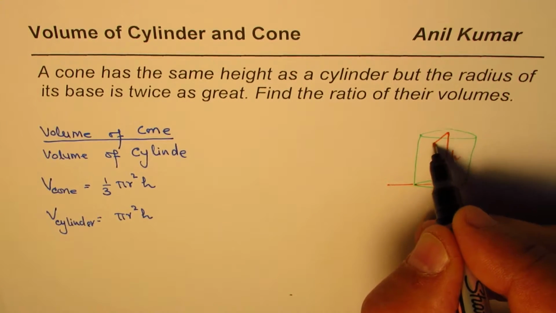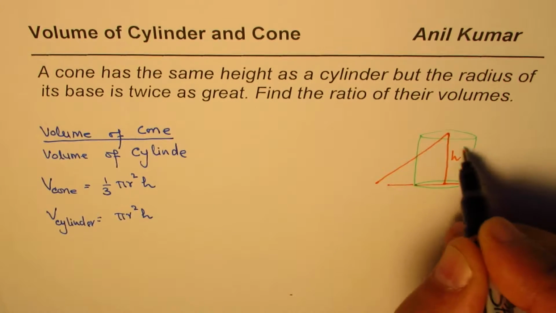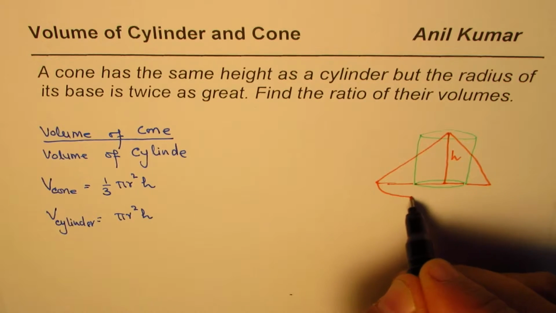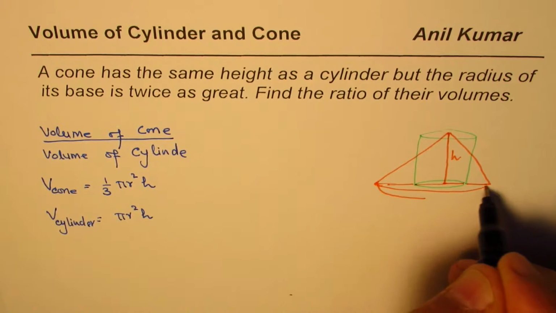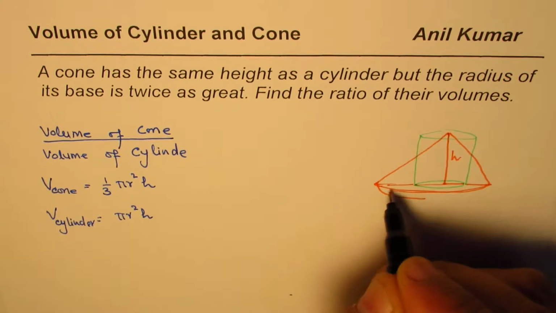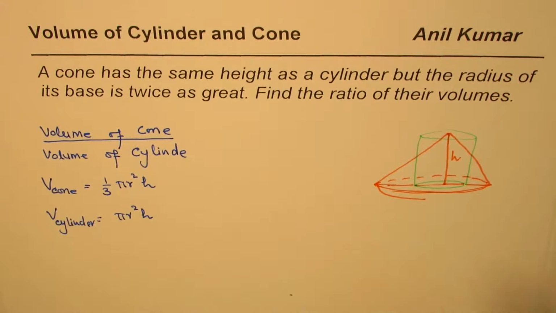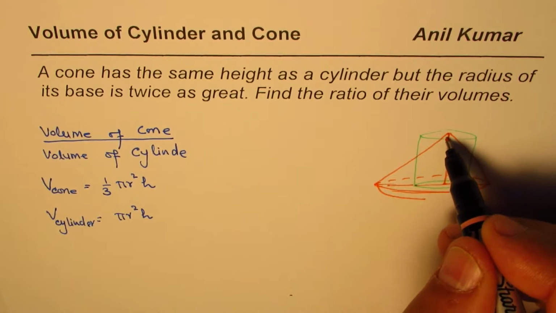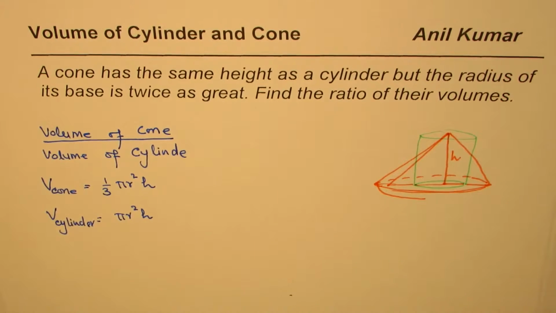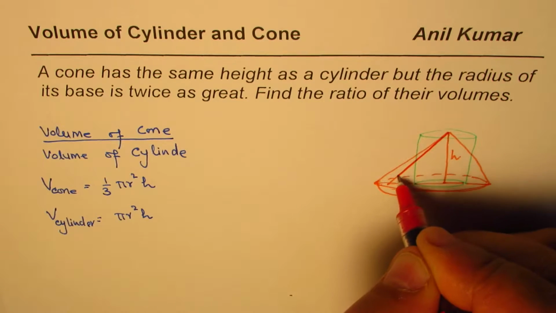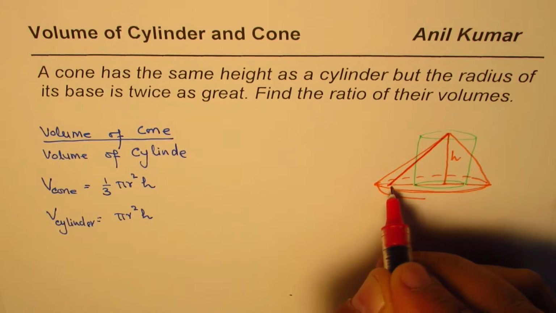So let me draw a cone here. We have a cone, drawn much bigger than what it should be. Anyway, you understand. It's not that great a diagram, but I hope you get an idea. So let me correct it. That's the cone for us, but the cone this time has double the radius.